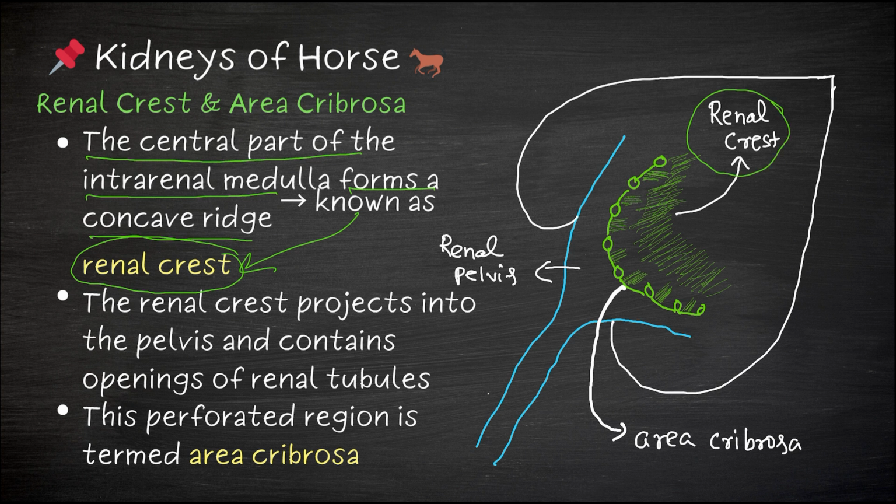The renal crest projects into the renal pelvis and contains openings of the renal tubules. This perforated region is called the area cribrosa. So you can see that. This contains openings of the renal tubules, so it forms a perforated region. Clear? That is called the area cribrosa.